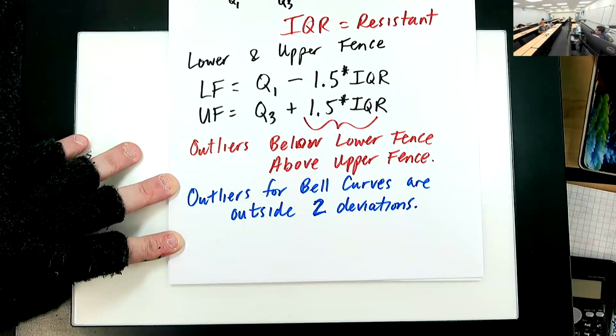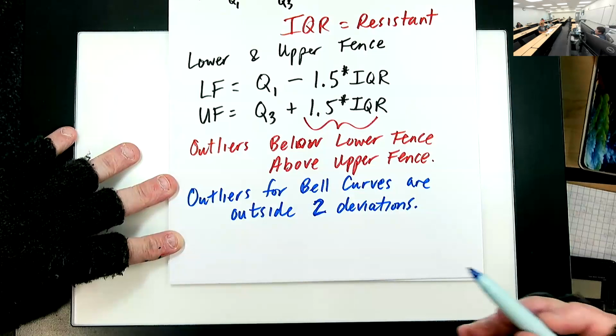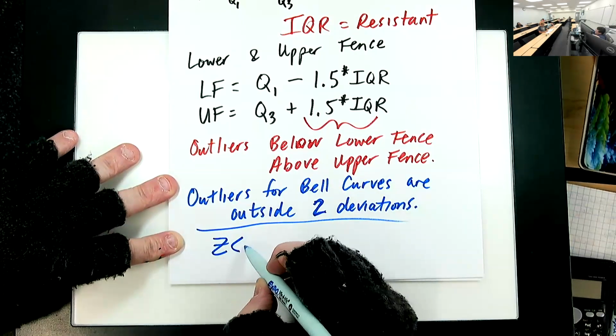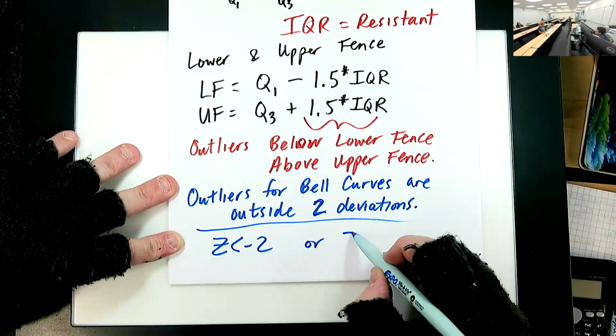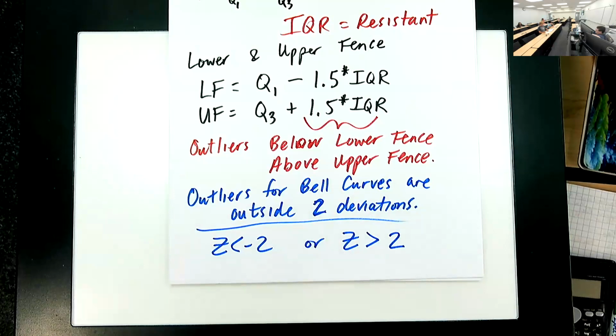If you're looking at the z-score, don't convert to a z-score if you don't need one, but if you have a z-score, it's below -2 or your z-score is greater than 2. We call those the outliers. A lot of times we don't have any.